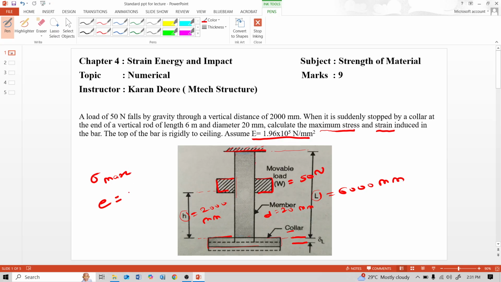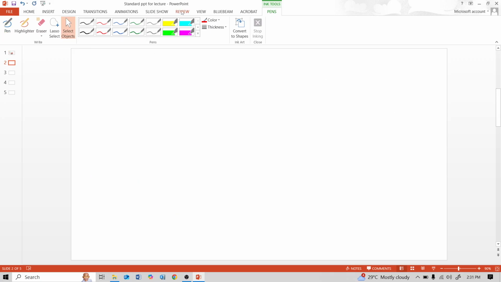And strain e is nothing but change in length upon original length. So we will see this numerical, how to solve these. First, write our sigma max formula.